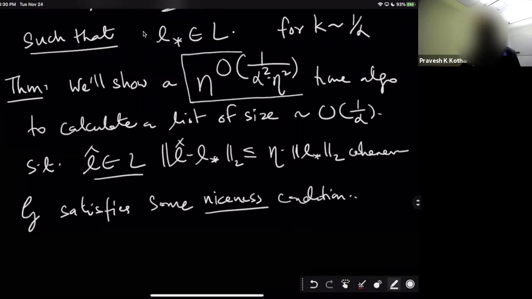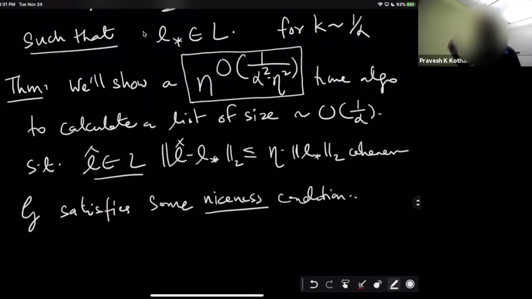Now, it depends whether you want to feel happy or sad about this. It has 1 over alpha and 1 over the accuracy appearing in the exponent, so it's pretty bad in a certain sense. But if you're going for a constant accuracy and alpha is a fixed constant, then this is a polynomial time algorithm. In any case, it is a non-trivial algorithm, as there is no other algorithm that we know for this problem that does better.